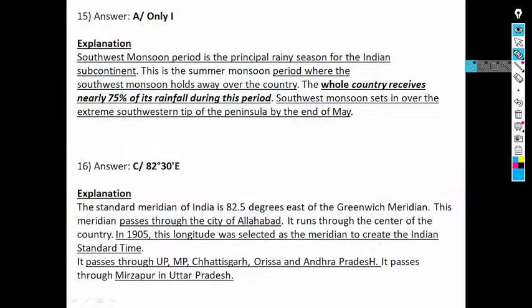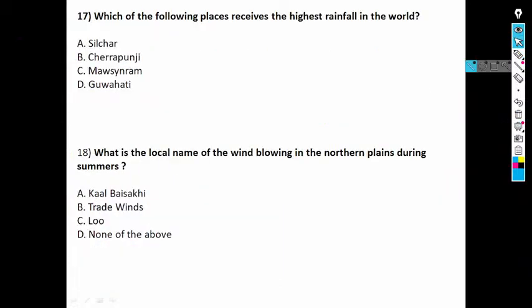Next question. Which of the following places receives the highest rainfall in the world? Silchar, Cherrapunji, Maisinram and Guwahati. Just one minute.